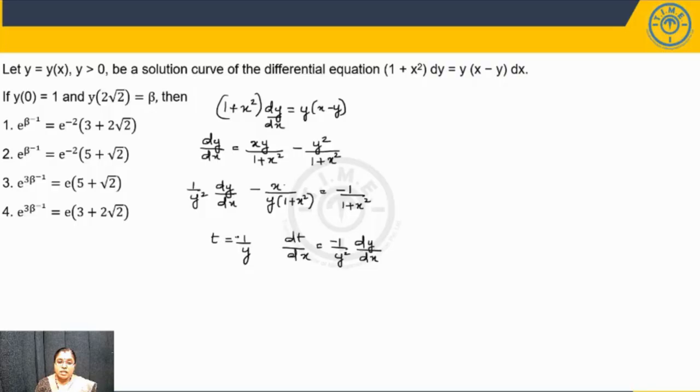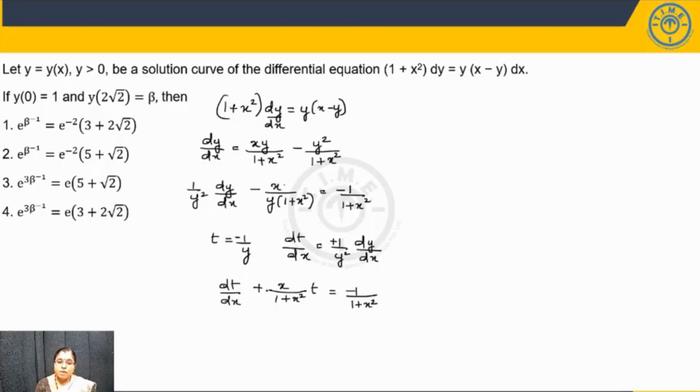If you take this as negative, here it will be plus, so that will be a bit easier. So what do we get? dt/dx + x/(1 + x²) t = −1/(1 + x²).